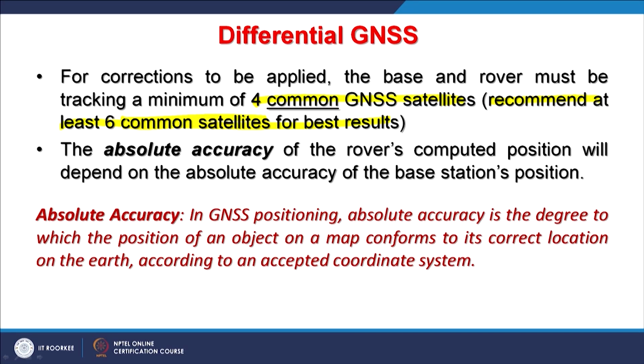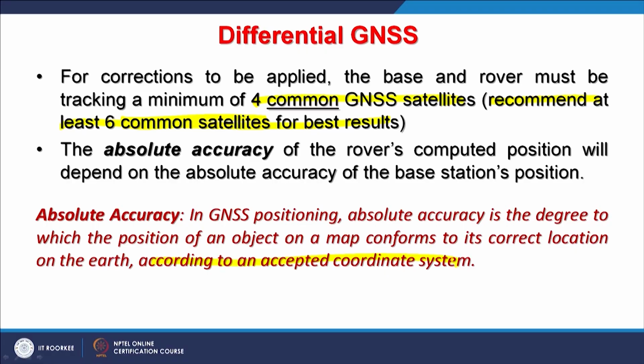The absolute accuracy is the degree to which the position of an object on a map conforms to its correct location on the earth according to an accepted coordinate system. Because if I determine the position of a location even from DGNSS, then how do I confirm that this is an accurate position? Because I have to have some comparison with that.